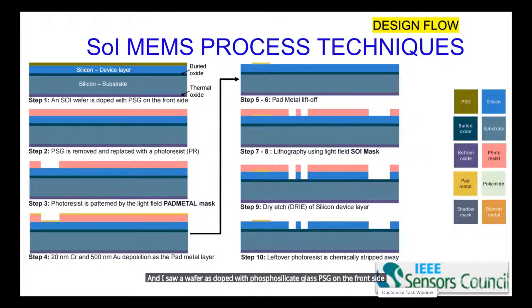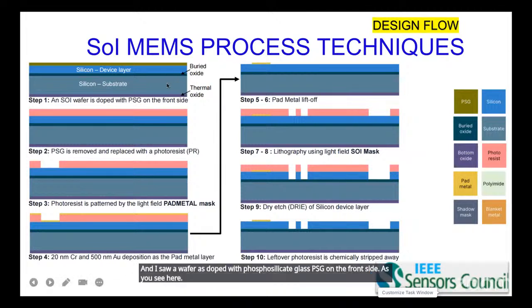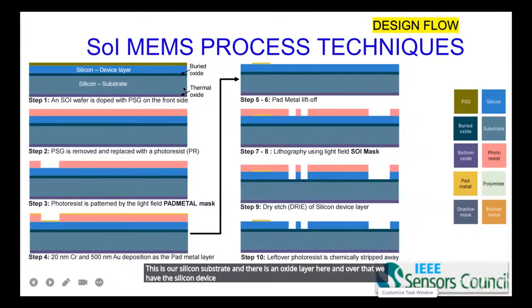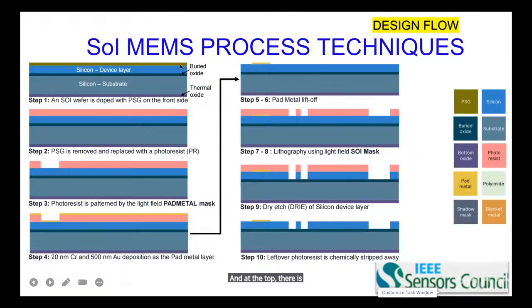As you see here, this is our silicon substrate, and there is an oxide layer here. And over that, we have the silicon device layer. However, when it is exposed to atmospheric oxygen, because of the reaction, there will be a thermal oxide layer of minimal thickness formed at the bottom. And at the top, there is PSG, phosphosilicate glass, deposited.